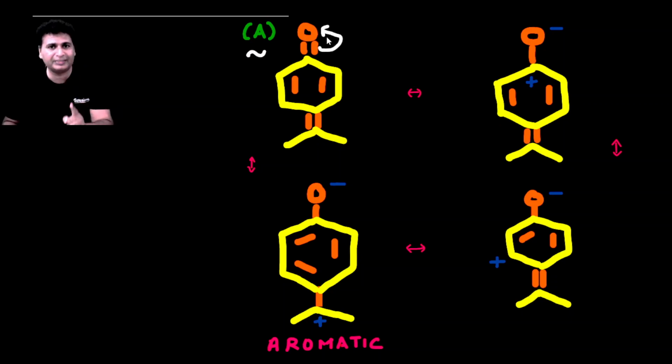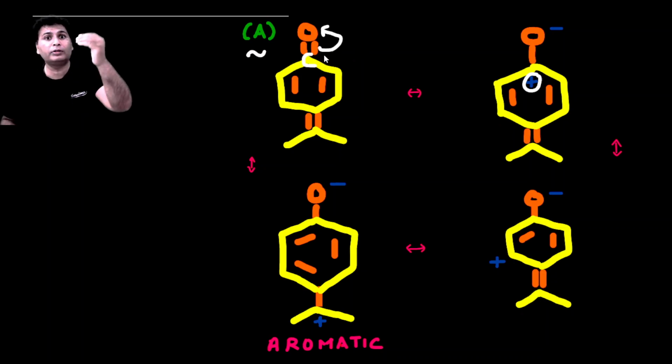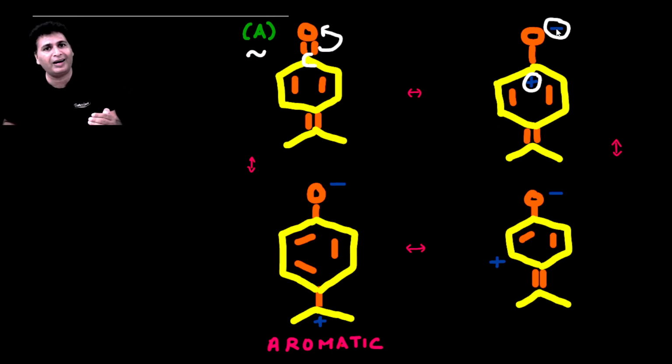You should understand, and I have been telling this in all my videos, the atom which loses the electron, the atom from where the electron goes away, a plus charge comes. So from this carbon the electrons are moving away, so it will have a positive charge, as you can see. And the pi electrons are going towards and sitting over the oxygen, so it will acquire the negative charge.